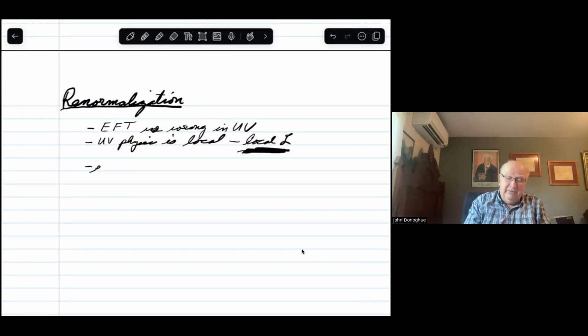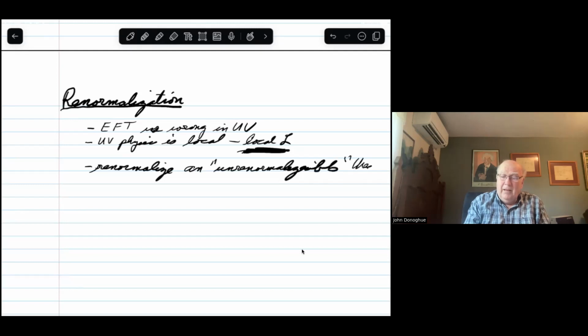So you have to renormalize an unrenormalizable theory. But that's actually easy. It of course wasn't always appreciated that this was easy, but this is one of the insights of effective field theory.